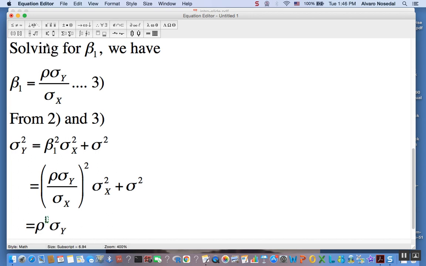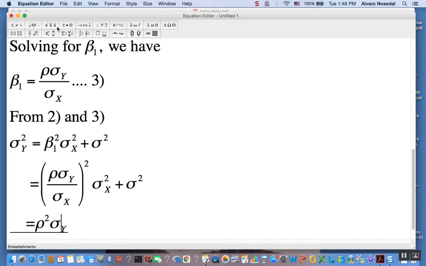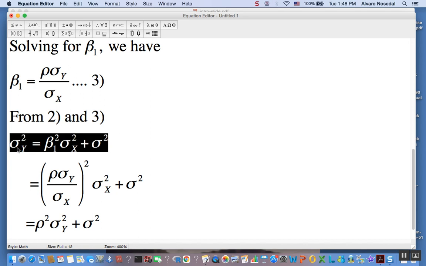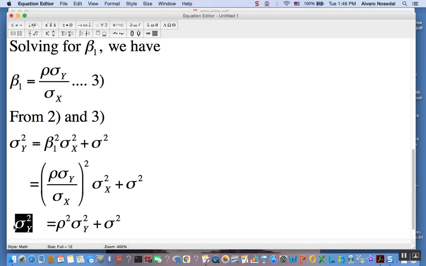Rho square sigma sub y square plus sigma square. So that's the expression that we have for the variance of y.